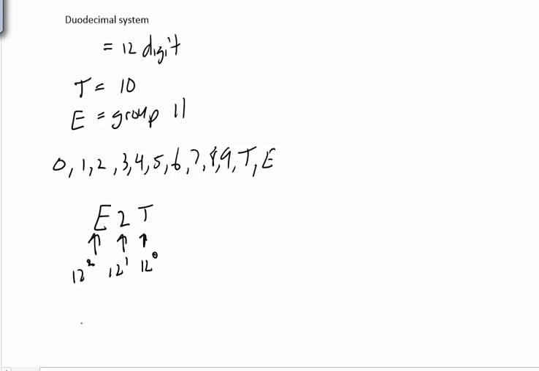So E would be 11 times 12 squared, plus the 2 would be 2 times 12 to the first, plus T would represent 10 times 12 to the 0 power.